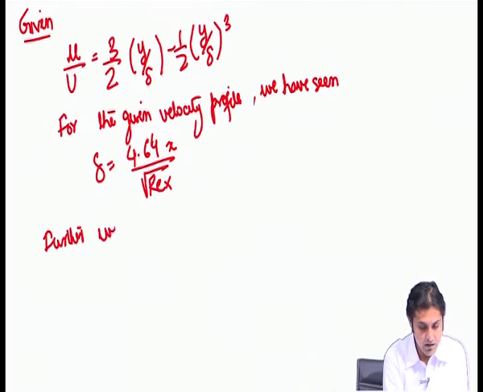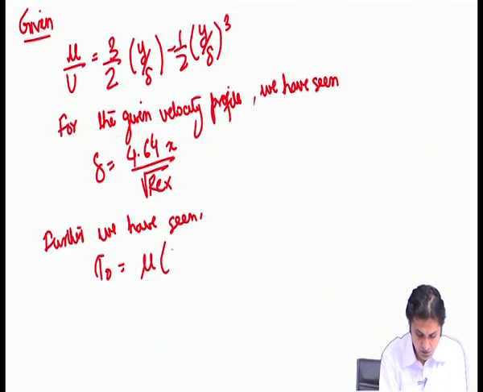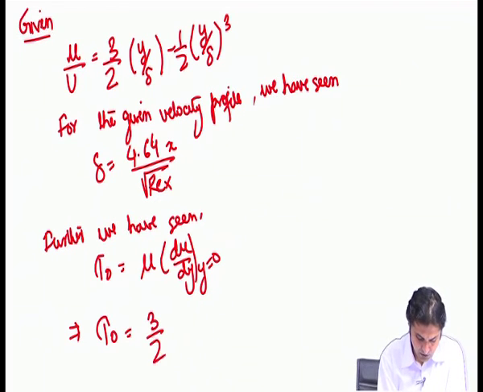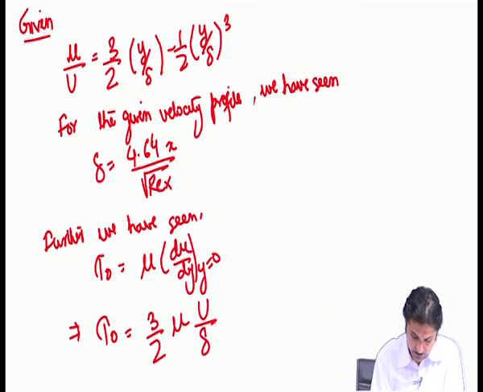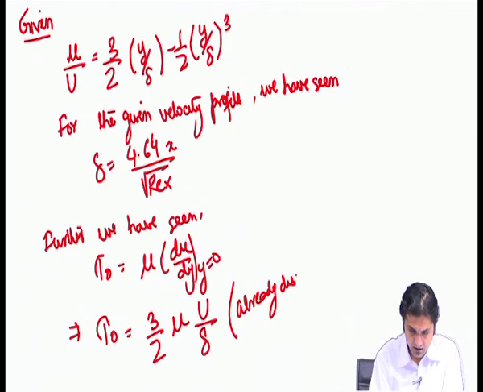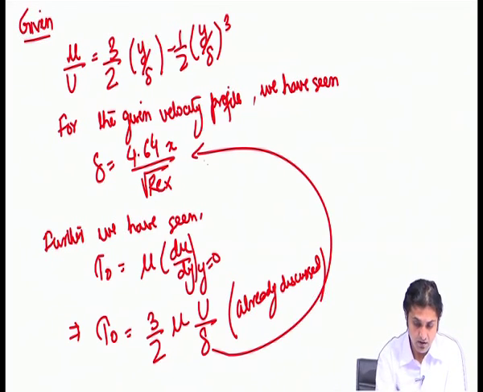Further, we have seen tau naught is equal to mu du by dy at y is equal to 0, correct. This implies tau naught is equal to 3 by 2 mu capital U by delta. This has already been discussed, right. So, delta we know from here.